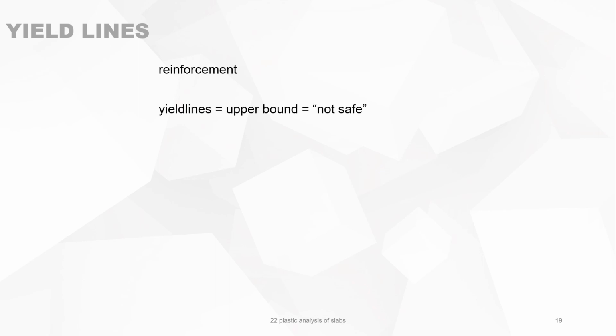Reinforcement: now, we haven't said anything about it. When you are using yield lines, which is an upper bound method, what happens to the reinforcement? In fact, it's not very safe to use this upper bound method because it gives you a maximum, in the sense of the maximum load capacity.